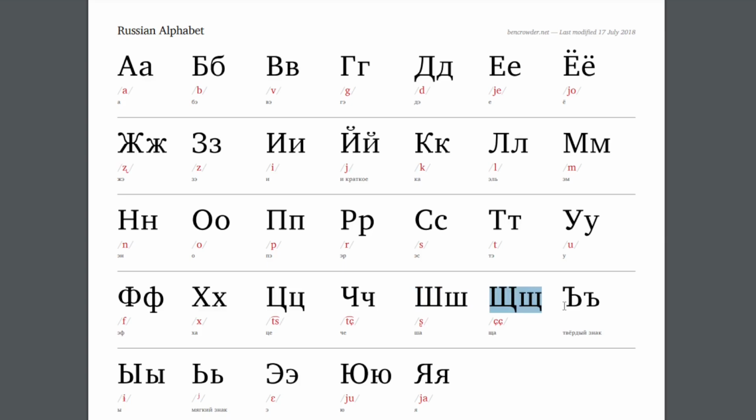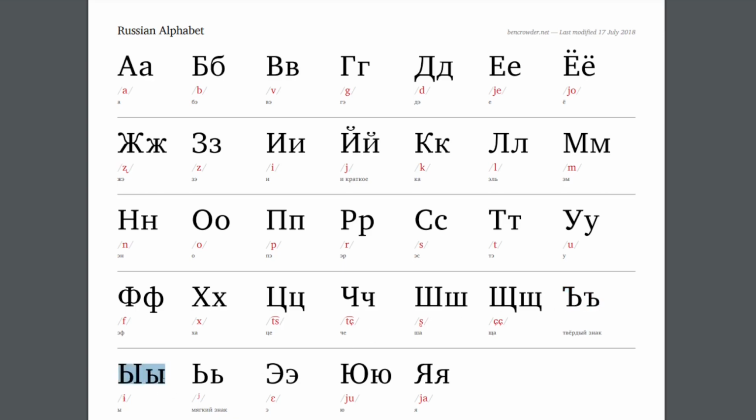And then we've got this one. This is the hard sign. I think the name for it is tvyordy znak, and it's just making a word hard. So instead of it being, say, a soft sound, it would be a short, sharp, hard sound.